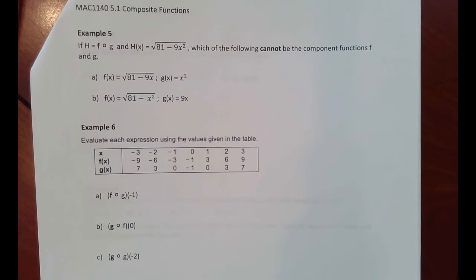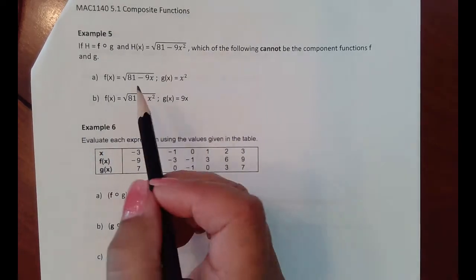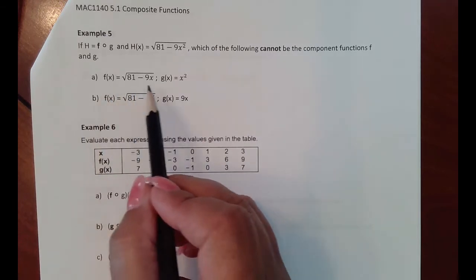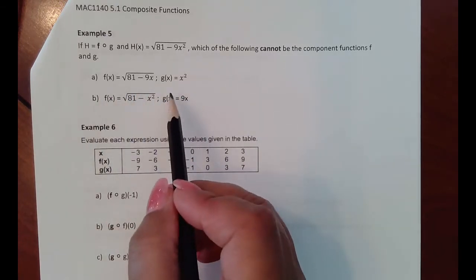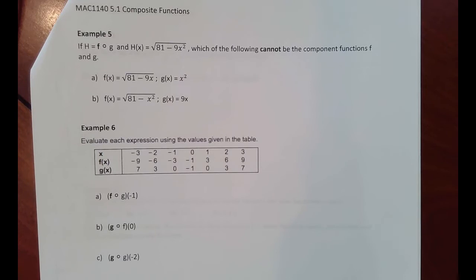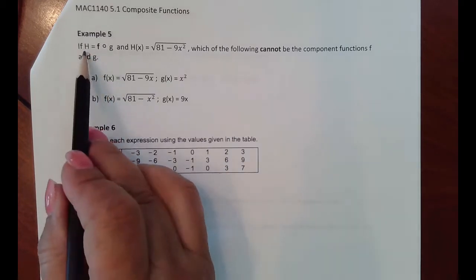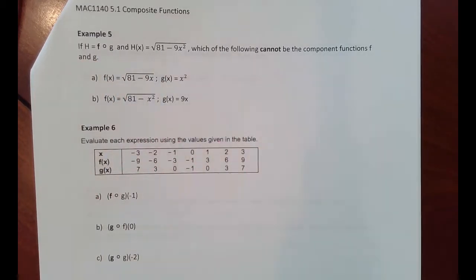Put another way, these are called component functions, the two functions that you are composing together in order to come up with this brand new function. They're saying if you were to do f composed of g here, would you get that? One of them doesn't work out, and one of them does. So all you can do is try each one.